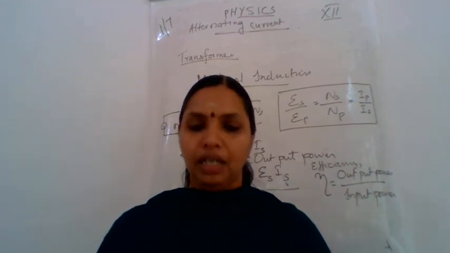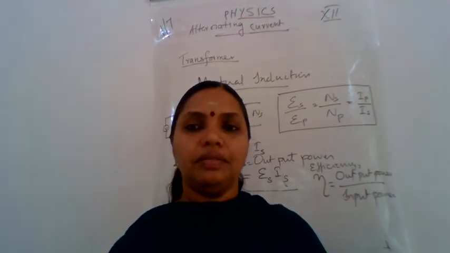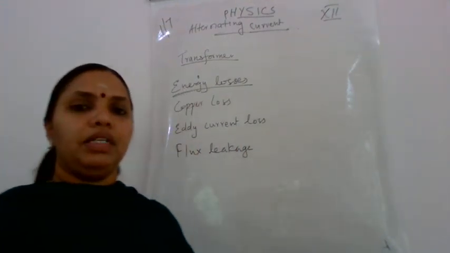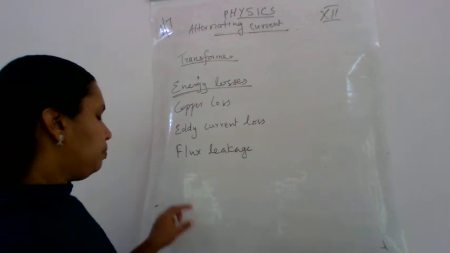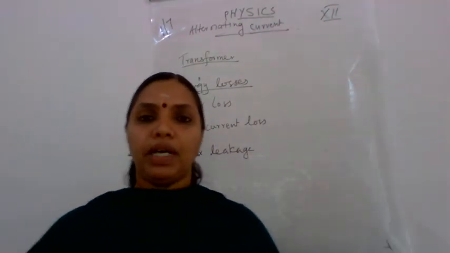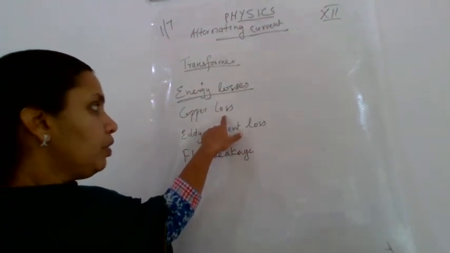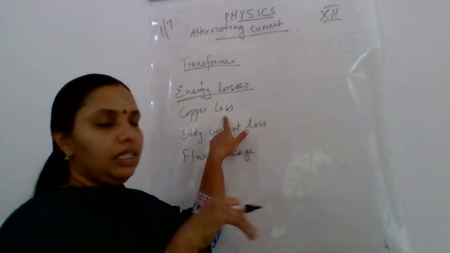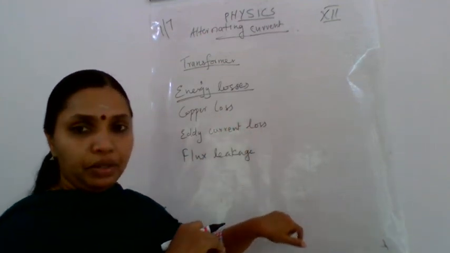So next we have to see what the energy losses in the transformer are. Different types of losses are there. One is the copper loss. What is that copper loss? We know that it's a coil. It is made up of copper, and a metallic frame we are using.